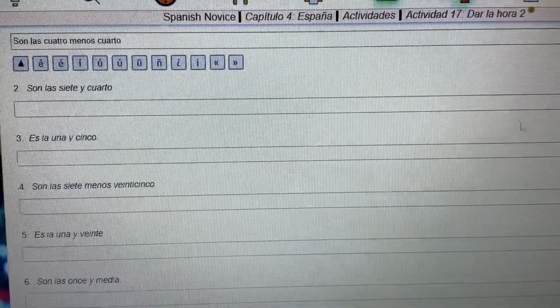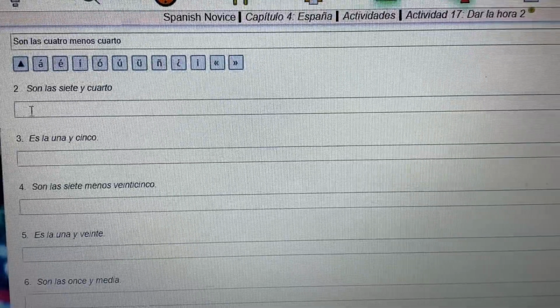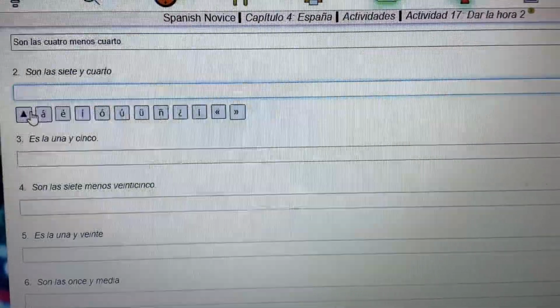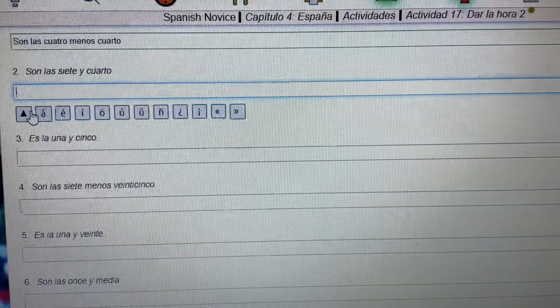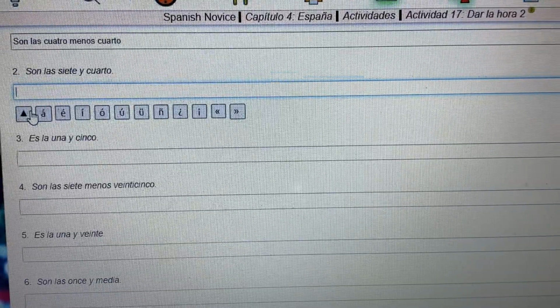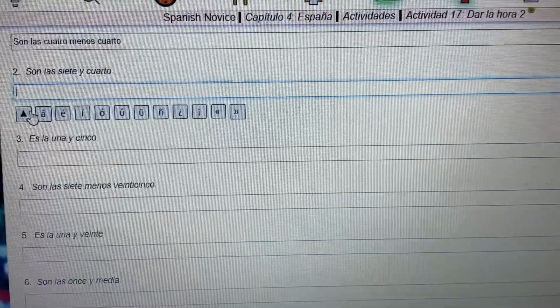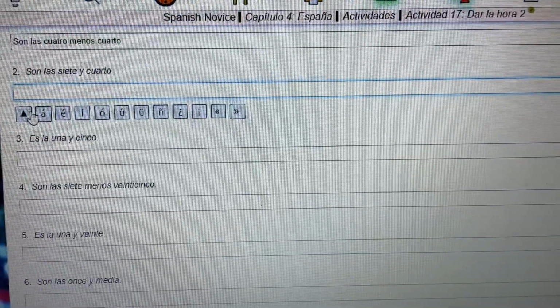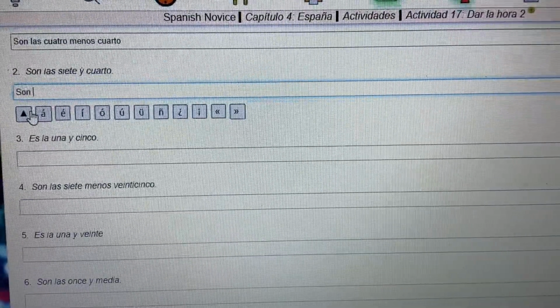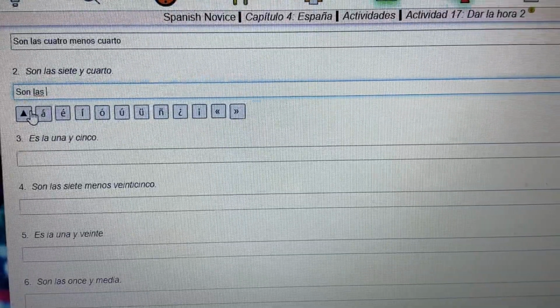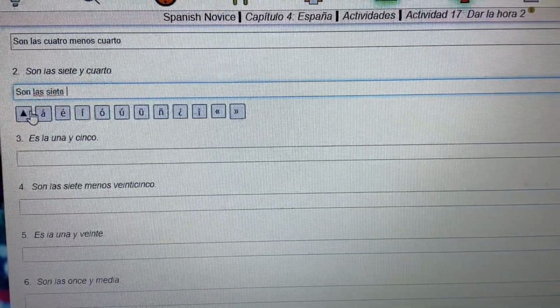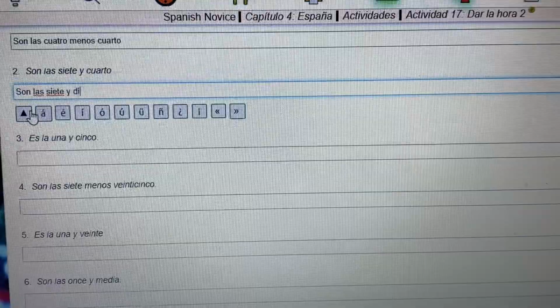Son las 7:15. So the time it's giving us is 7:15. If we subtract 5 minutes, we have 7:10, so it should be son las 7:10.